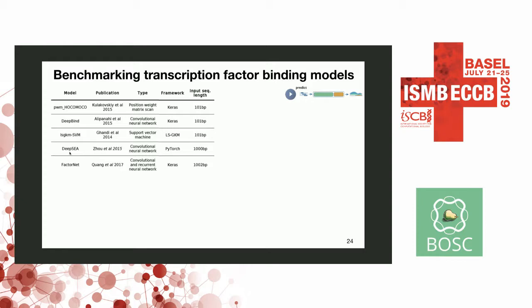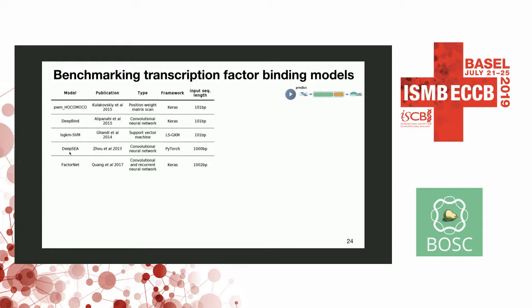You have more complex models from the deep learning field, DeepBind and DeepC, as well as FactorNet, which takes on top of DNA also DNA accessibility. And we ported also a model based on a support vector machine. This is to say that you have the possibility to basically take any predictive models and share them in Kipoi. You're not linked to deep learning or so.